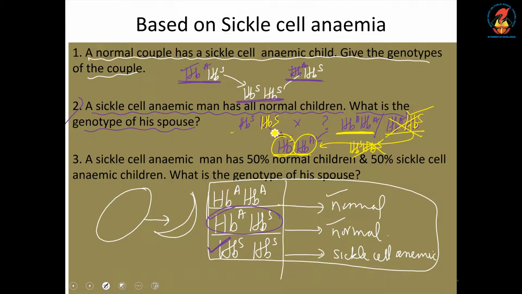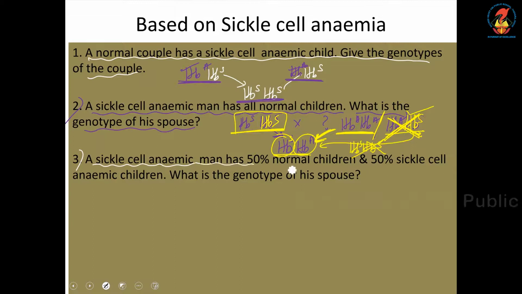So definitely the father is confirmed HbS HbS, but for the mother we have to decide whether she is HbA HbA or HbA HbS. I ruled out HbA HbS because all the children are getting the HbA from the mother, which means that she should not have HbS. Clear? Then we have the third question.